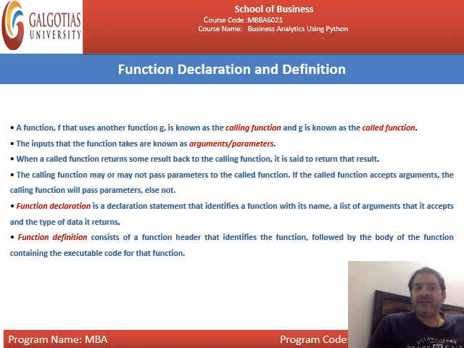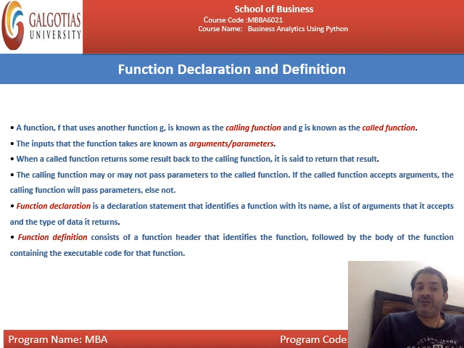In the first slide, you have seen that in the definition of function 1, you called function 2, and in function 3, you called function 4. That means a function uses another function.